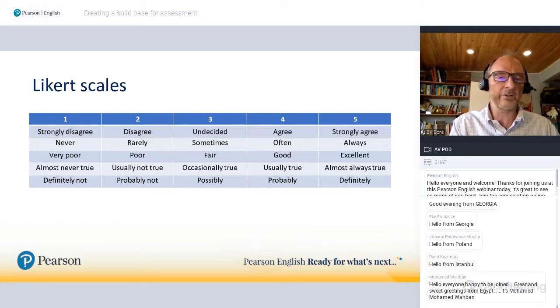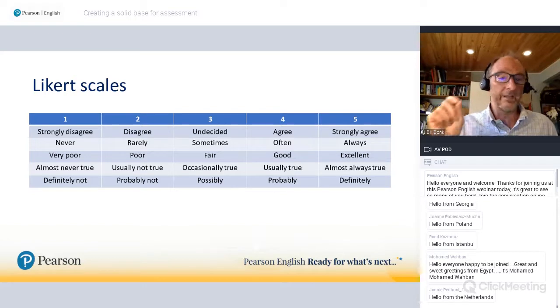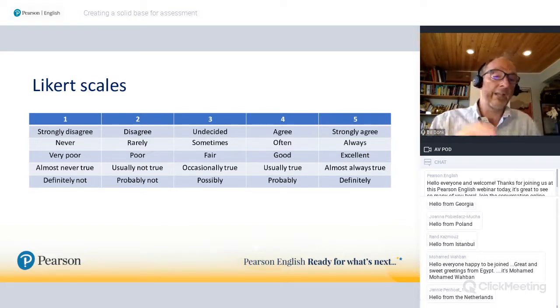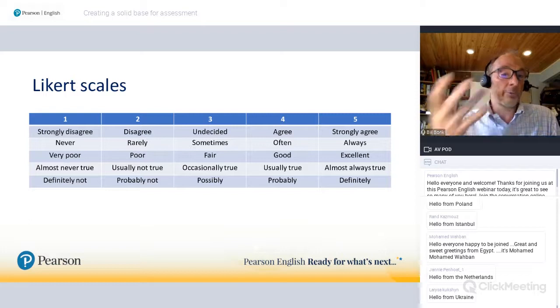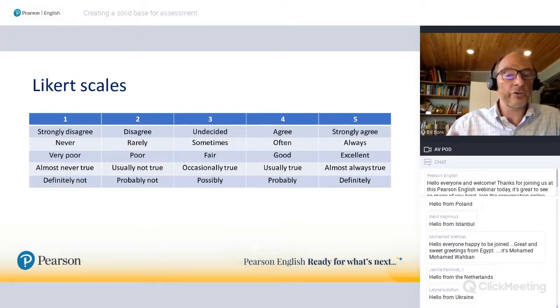And you can see that Likert scales can be used with many other kinds of descriptors that have to do with the frequency of things like never to always, the quality or evaluation of things like very poor to excellent, the frequency with which we observe things, almost never true or almost always true, or about our feelings or emotions, our perceptions of things, and also things that more generally go from negative to positive.